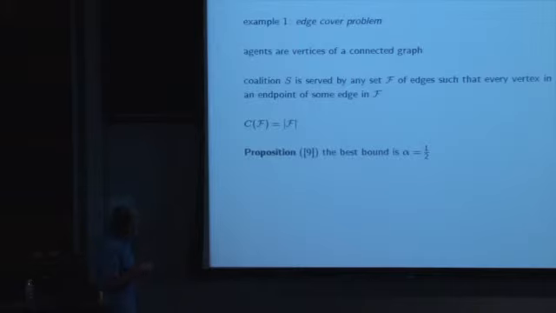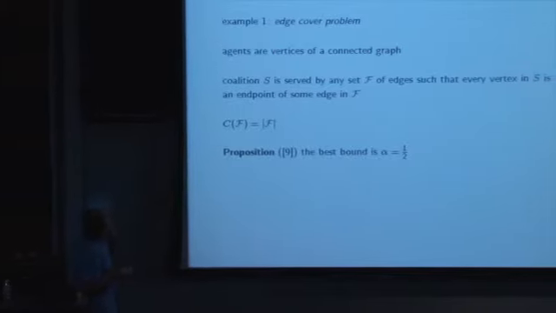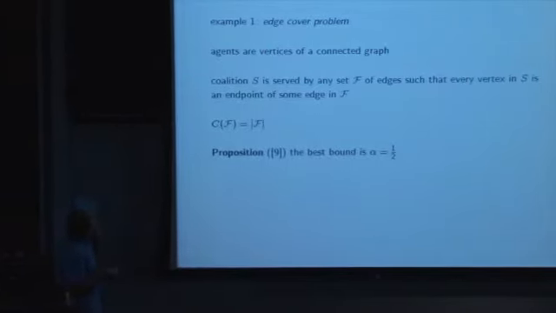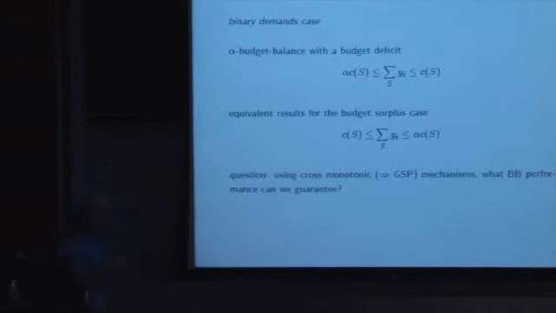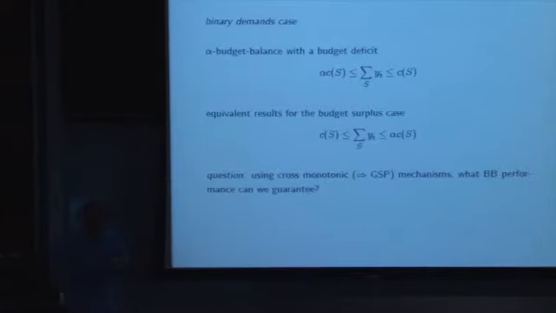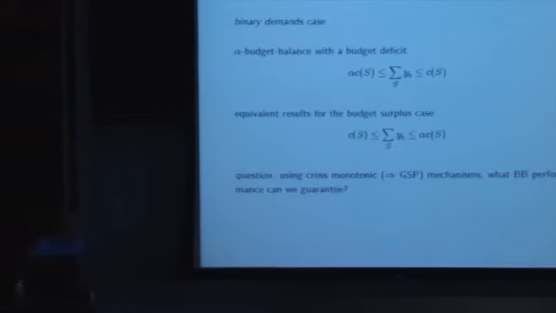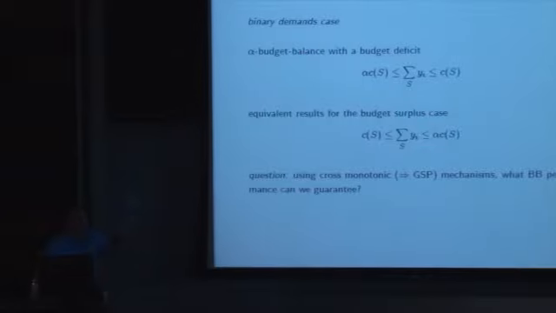This is a result in the paper by Immorlica and co-authors, where in the edge cover problem, you get a bound on the level of budget balance that you can achieve if you insist on the cross-monotonic cost-sharing rule.